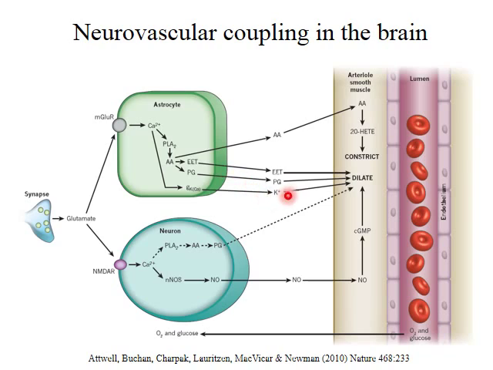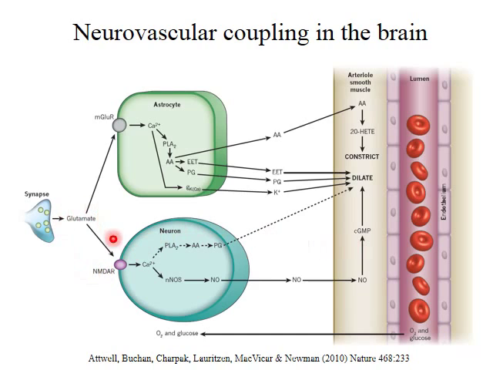And potassium, when it is released onto blood vessels, also can cause a dilation of the blood vessel. This diagram also indicates that neurons can also signal directly to blood vessels. They don't have to signal through astrocytes, but may also directly control vessel diameter by a number of mechanisms.